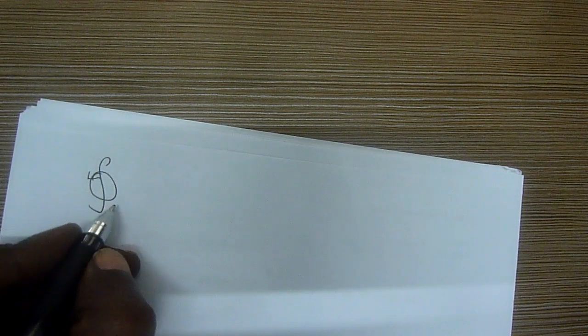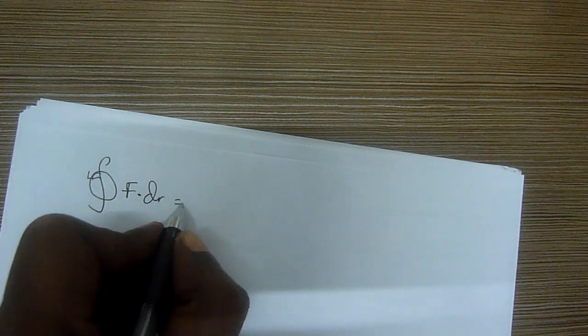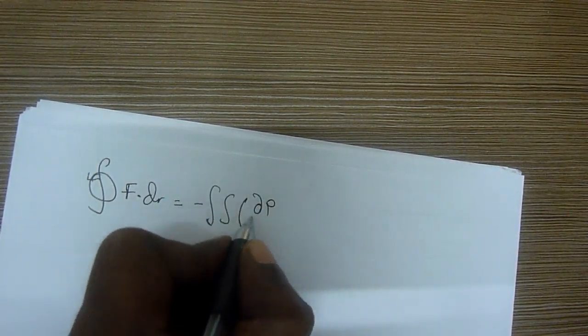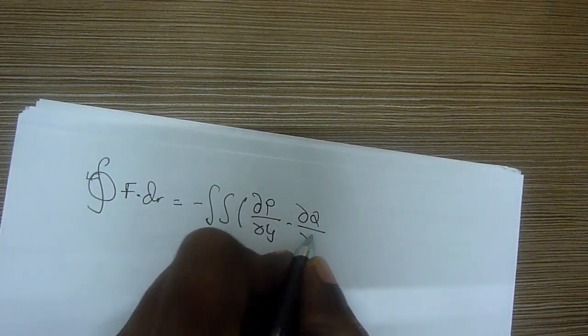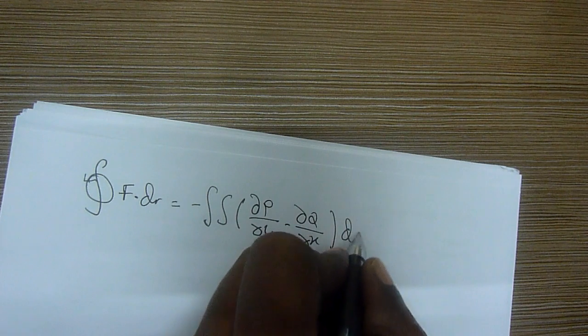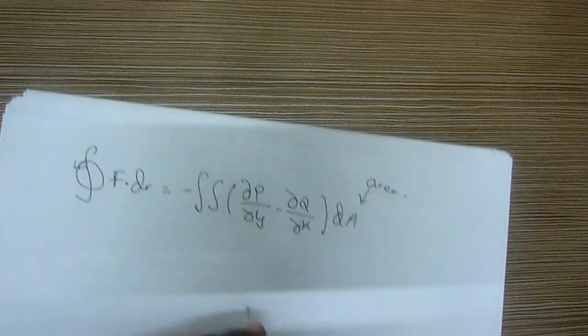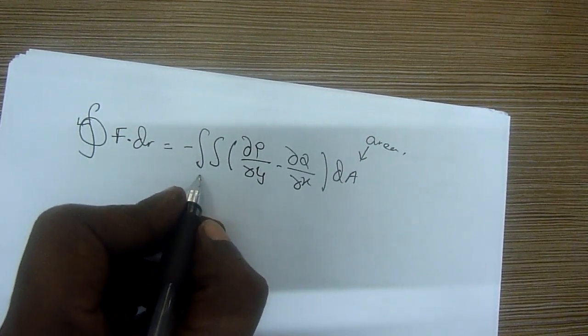It is a closed loop, which is very important. The closed loop integral of F dot dr equals the double integral of (∂Q/∂x minus ∂P/∂y) dA, where dA refers to the area.